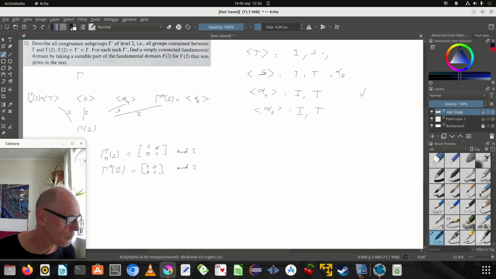So I claim that we should be able to use alpha 4 here. And 1, 3, alpha 6. Shouldn't we be able to use S here?